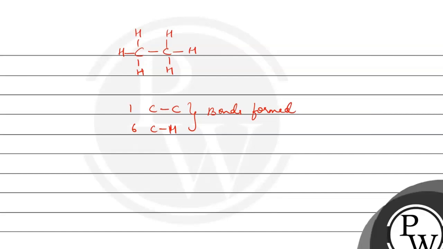So now let's calculate the enthalpy change. So the total energy required to break bonds at the reactant side is 606.10 plus 4 into 410.50 kilojoule per mole.